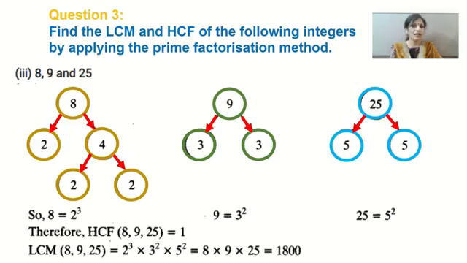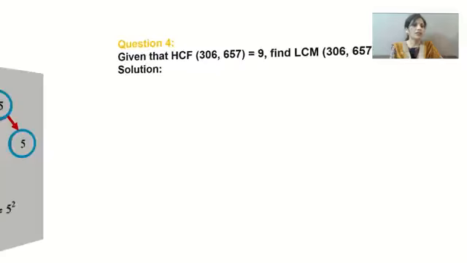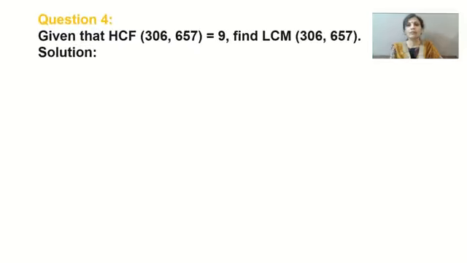Alright, before that, just see this sum. You are given that the HCF of two numbers 306 and 657 is equal to 9. We have to find out the LCM of these two numbers.